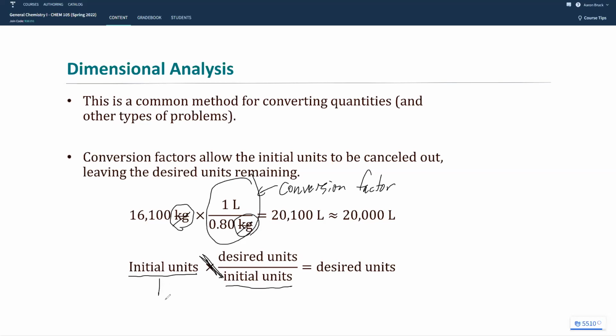If that unit is in the denominator, then we're going to get rid of it in the numerator. That way the units that we're interested in canceling always cancel out, and we're left with just what we're supposed to.